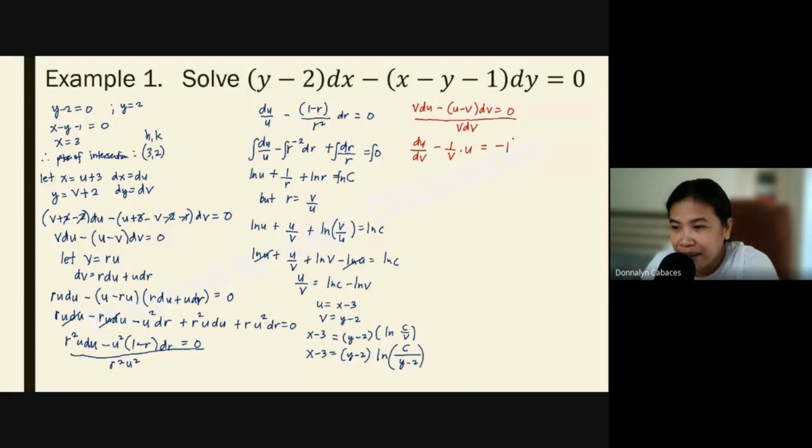So it is linear. This is linear in the variable u. So what is the IF? e to the integral of negative dv over v, or e to the negative ln of v, or this is... tama ba?